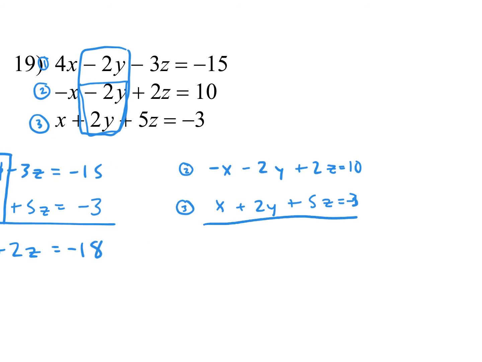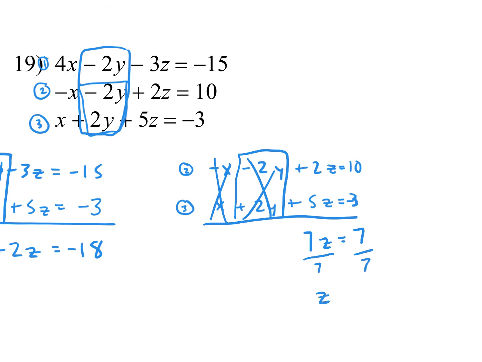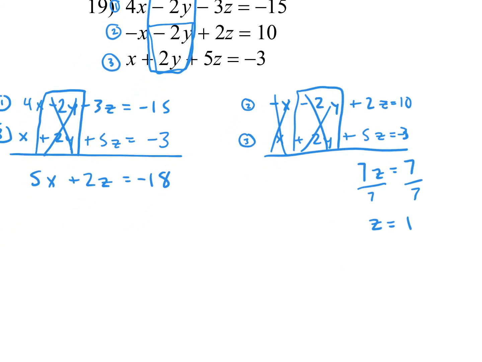Will my y's cancel out? Yes. What's negative x plus x? They cancel out also. What's 2z plus 5z? 7z. And 10 minus 3? 7. Divide both sides by 7. So what does z equal? 1. So z is equal to 1.